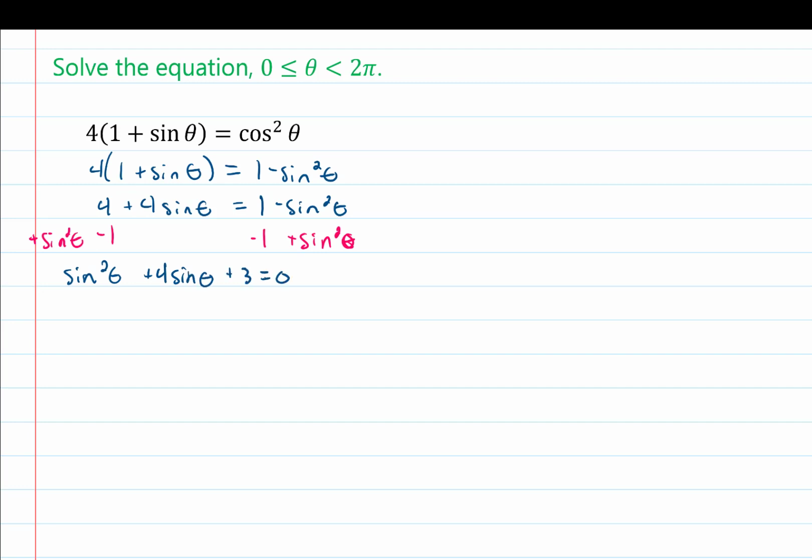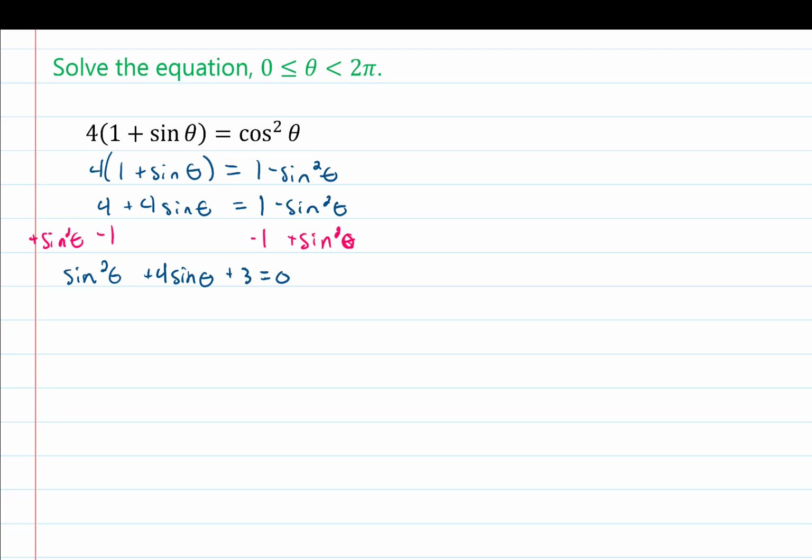This is my trigonometric equation that's in quadratic form, and you can see that it looks like ax squared plus bx plus c is equal to 0. One strategy I can apply is factoring this equation and then solving using my strategies for a quadratic equation, or I can apply the quadratic formula.